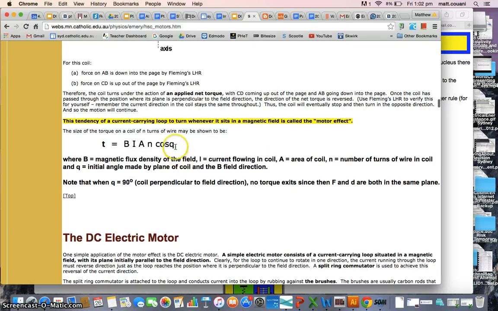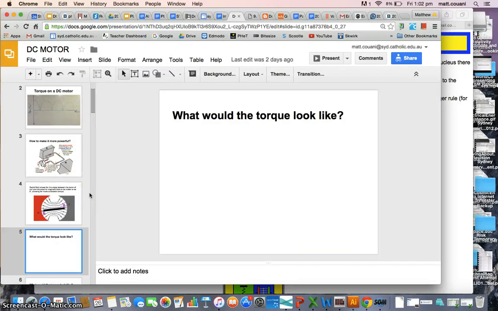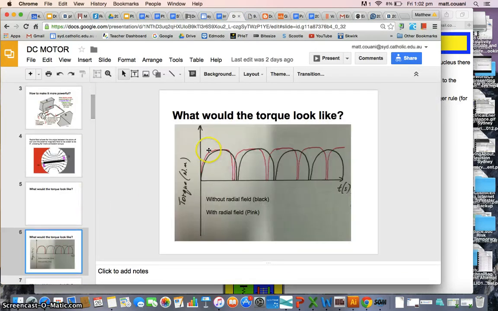Here we go. They've got cos Q, let's just say it's theta. So torque equals NBIA cos theta. So the torque isn't larger, it's just at a maximum for longer. And as a result of the radial magnetic field, the coil will also rotate faster.